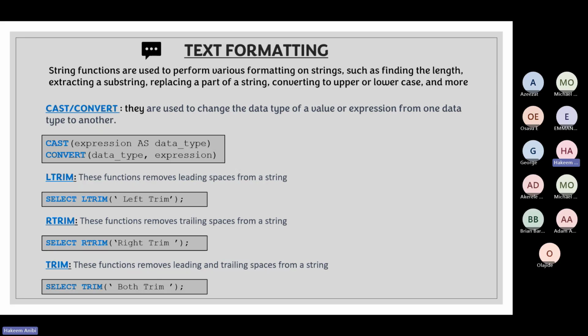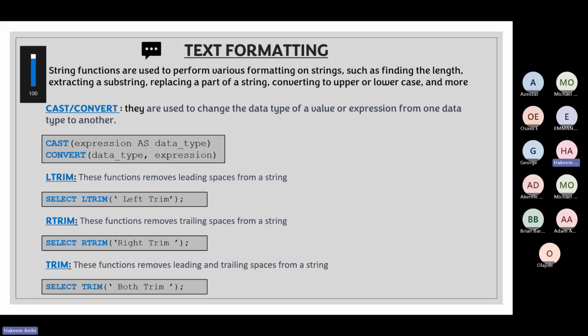Let's imagine the employee puts in his name and mistakenly presses the spacebar twice before typing his name. We can have white spaces in the front and in the back. Maybe instead of pressing enter, he mistakenly pressed the space bar. So now we have some white spaces in our value. We can remove those spaces using these three functions.